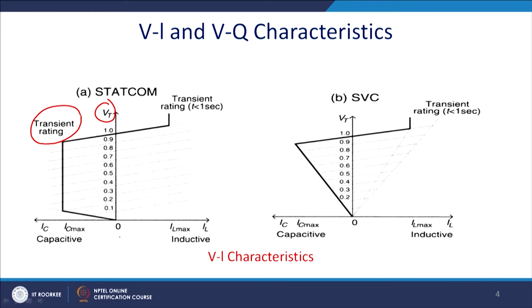So, this is the voltage rating and this is the zero current rating, and you can see that it has a wide range of compensation. It can inject Cmax with any value of the voltage sag. So, voltage can be 0.2, 0.3, it can start and go to any voltage. This reactive power handling capability is constant with the supply voltage.